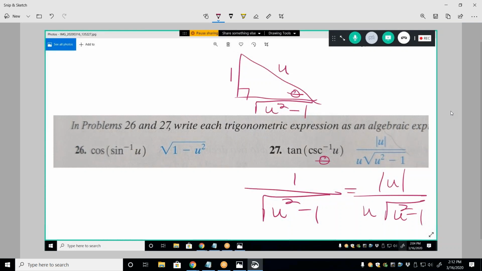Now, why is that? Other than that absolute value, I could cross out the u's, right? Yeah. So they've basically taken this, multiplied top and bottom by u.